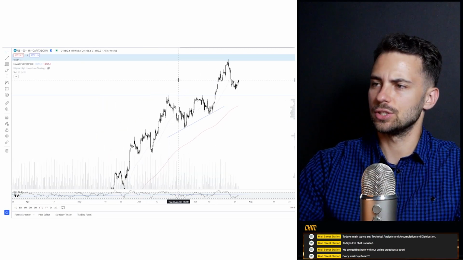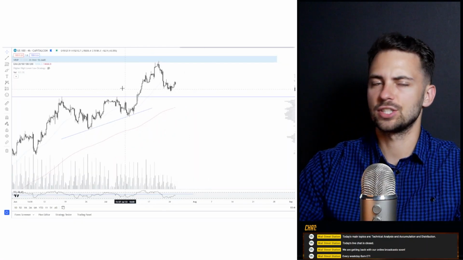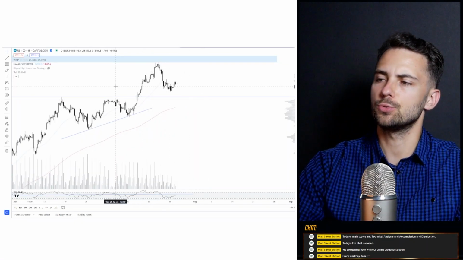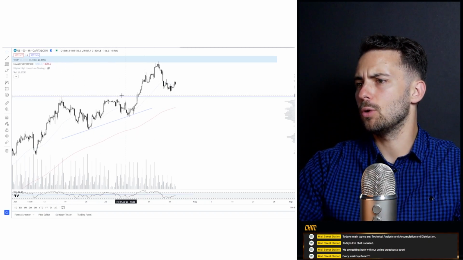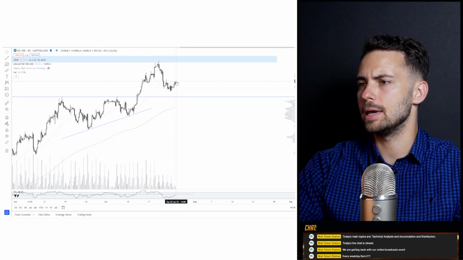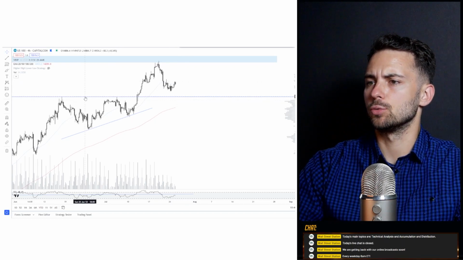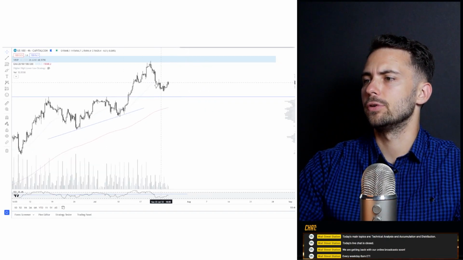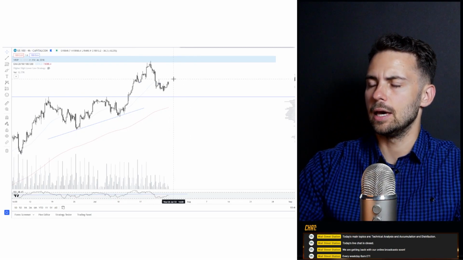Supports and resistances are lines that often work interchangeably. Support becomes a resistance and resistance becomes a support. So this resistance is very likely to become a support in the future.